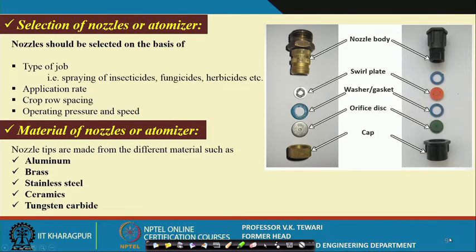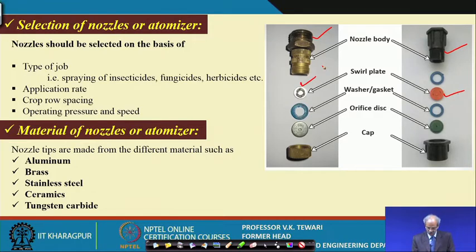Select these nozzles; what is there in the nozzles? We thought these are some things which we have and wanted to show you, as many locations you may not find them. So, it is worth showing you here. See the nozzle body, then the swirl type, where the swirling action takes place through these, then the washer or gasket so that losses do not take place.